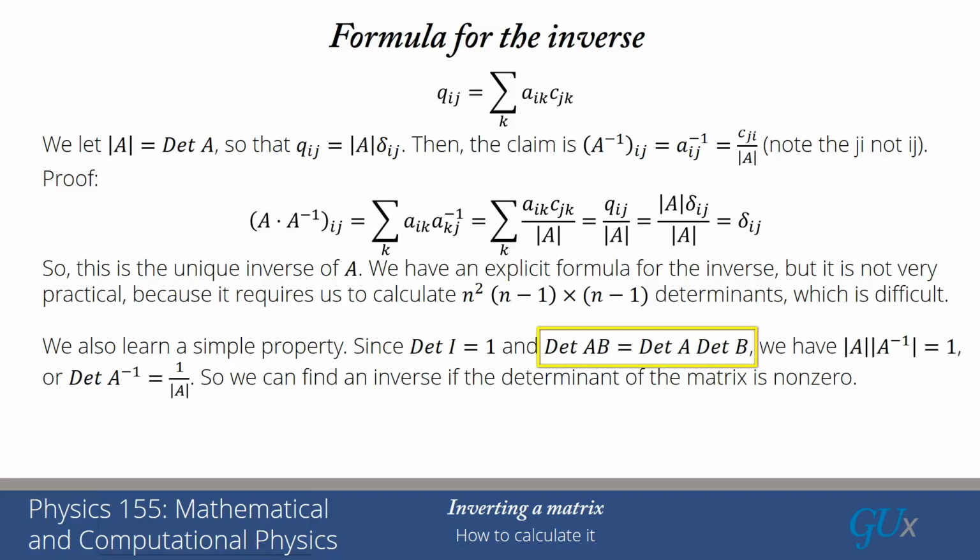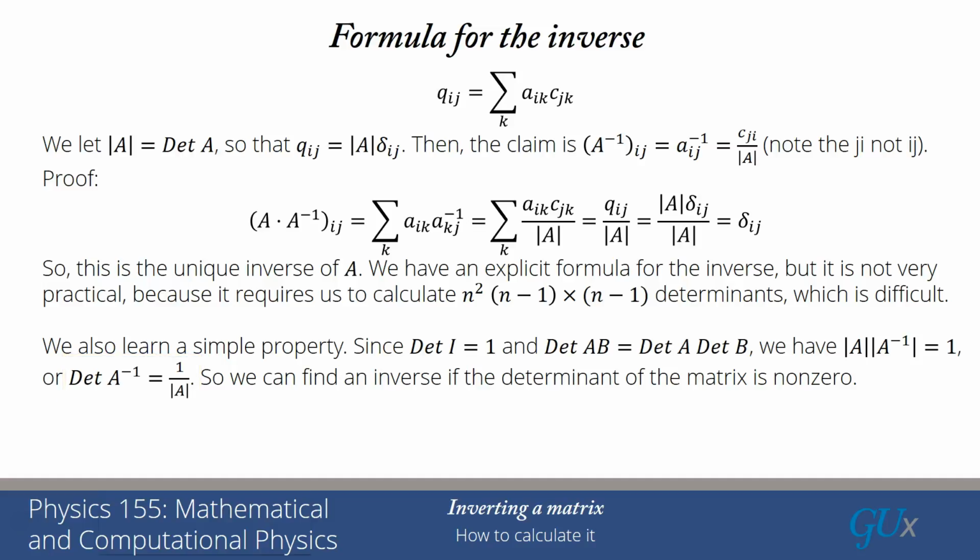Then we know already that the determinant of A times B is the determinant of A times the determinant of B. If I look at the defining equation for the inverse, I find the determinant of A times the determinant of A inverse is equal to the determinant of the identity, which is just 1. And so we learn the determinant of A inverse is 1 over the determinant of A.